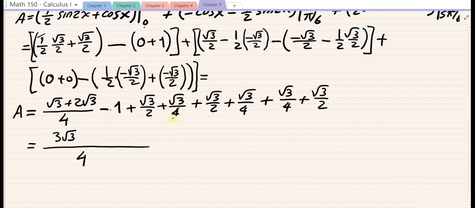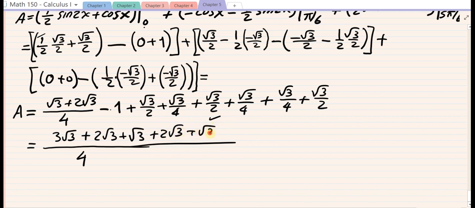And then I have plus this one becomes 2 root 3 plus next to it root 3. So that's done. And then this one plus 2 root 3 plus next to it is another root 3 plus another root 3 plus 2 root 3, right?